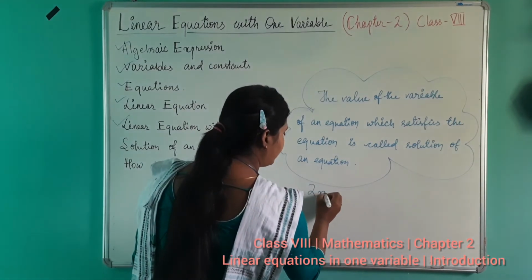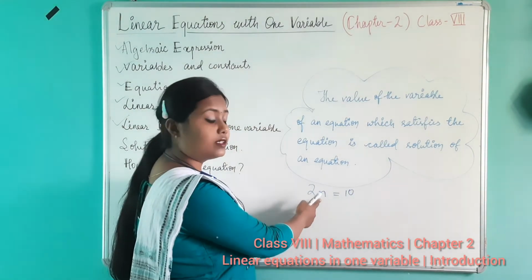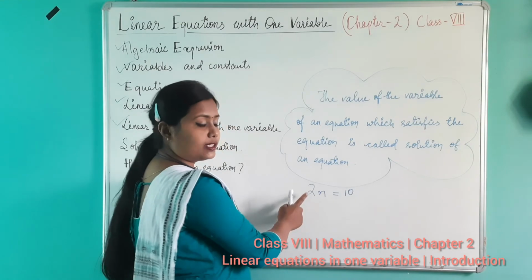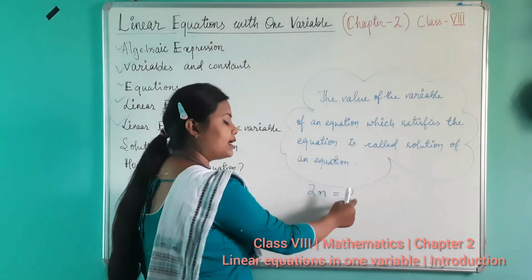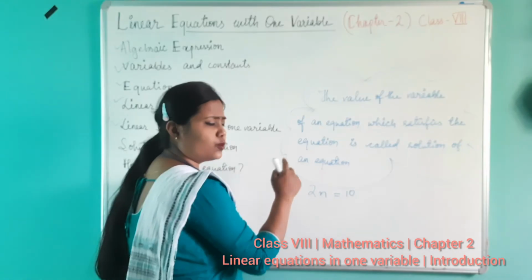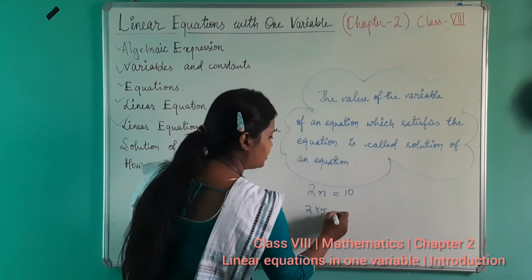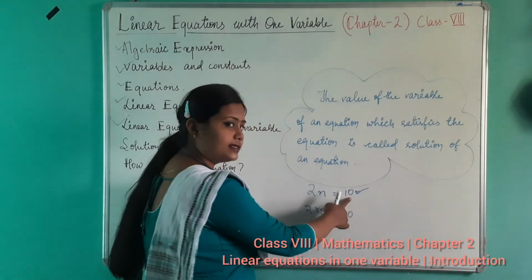If I write 2n equal to 10, what number should I place in place of n, so that if I multiply it with 2, it will be the same as the RHS, that is 10? So obviously if I write 2 into 5, then it will be equal to 10, that is equal to the RHS.